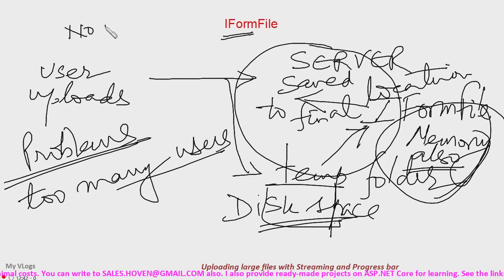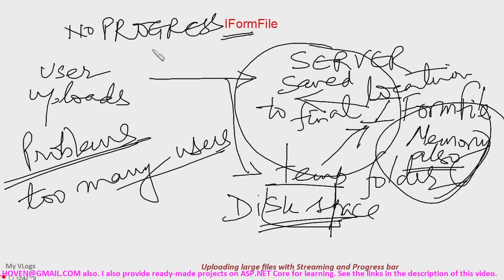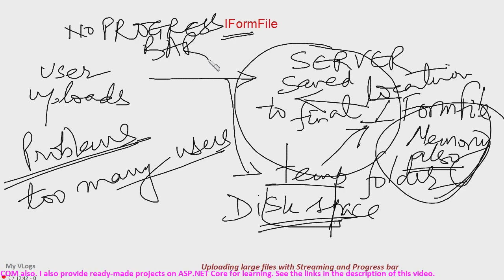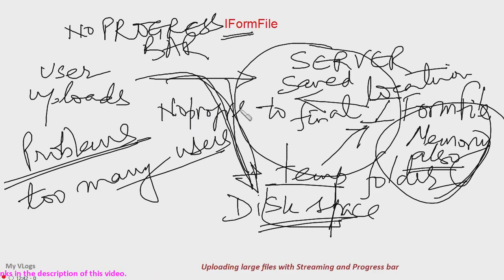This also causes problems for the progress bar. We cannot show a progress bar because files will first go to the temp folder. It will only progress till temp. It will not be a real progress bar if we show it. So no progress bar is possible in this case.